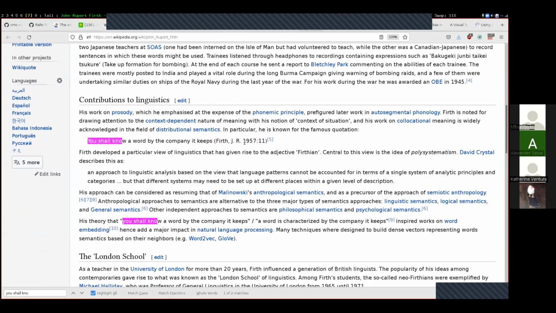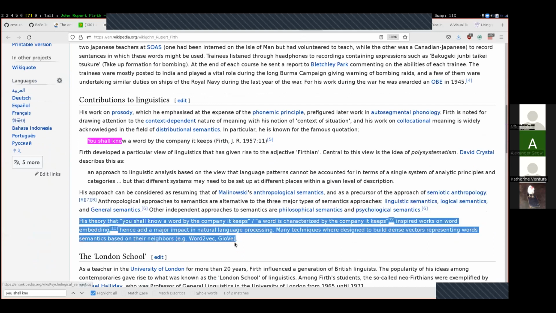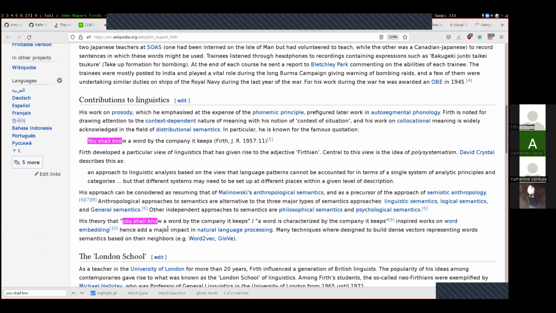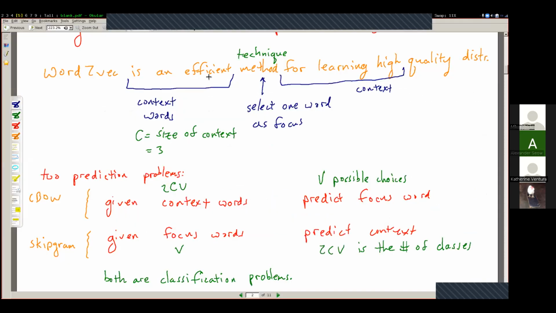He said that in 1957. That's the explicit motivation for these word embeddings and why Mikolov thought this would be a potentially good thing to do. This context over here is the company it keeps for this word. And so if we're predicting the context from the word, then that's going to be a good model for what the meaning of that word is.